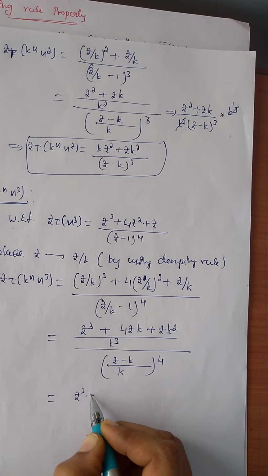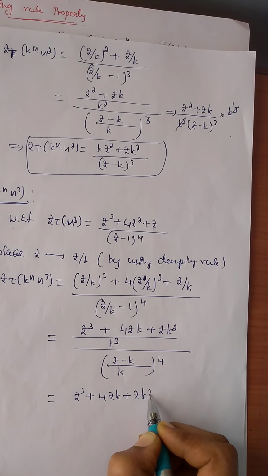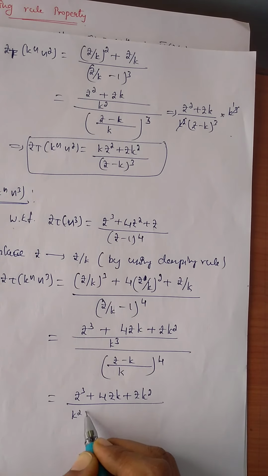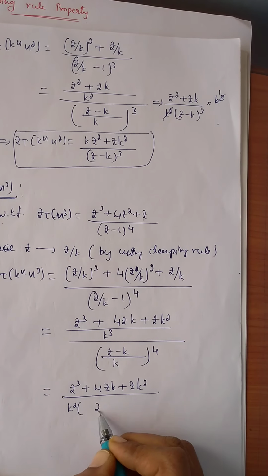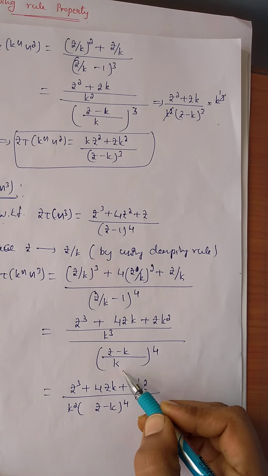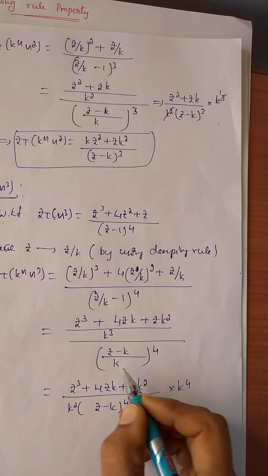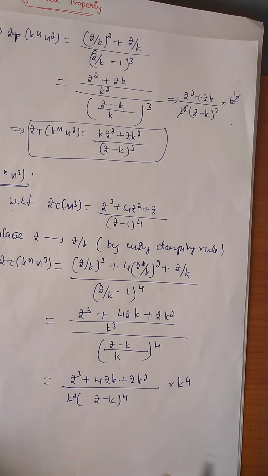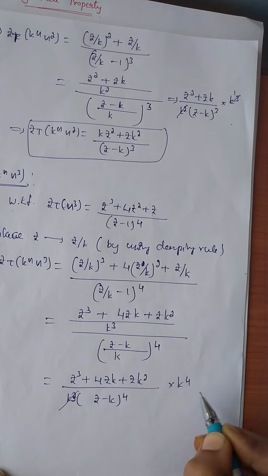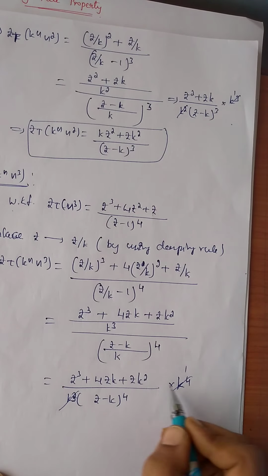Numerator we have z cube plus 4z into k plus z into k square, and this k cube goes to the denominator, but the denominator already has the z minus k to the power of 4 term. This 1 by k to the power of 4 goes to the numerator as k to the power of 4. This k cube and k to the power of 4, if you cancel, the remaining k power is 1 in the numerator.